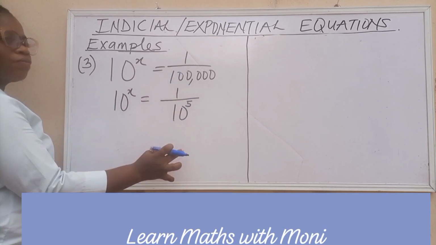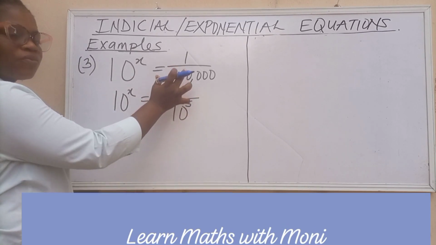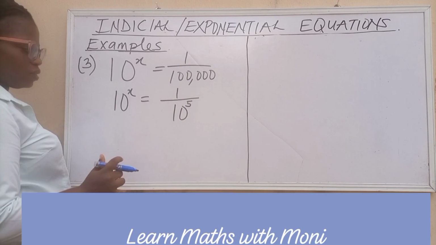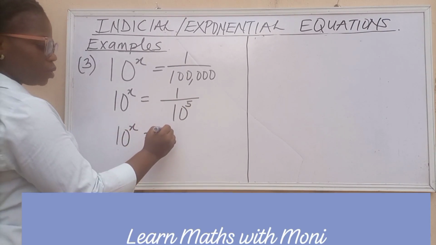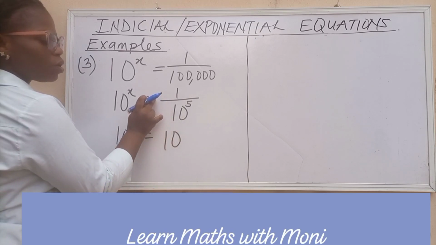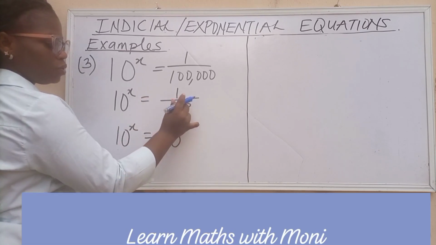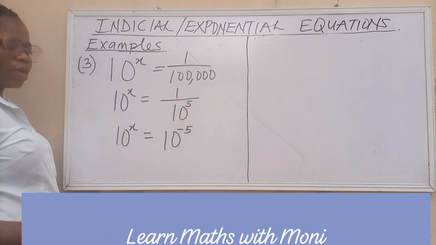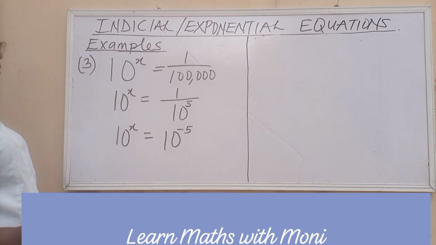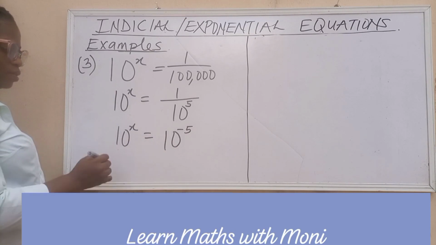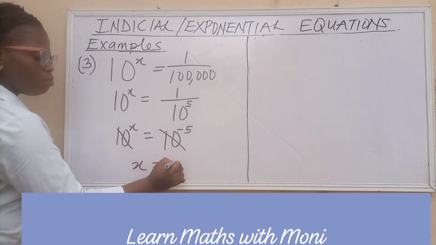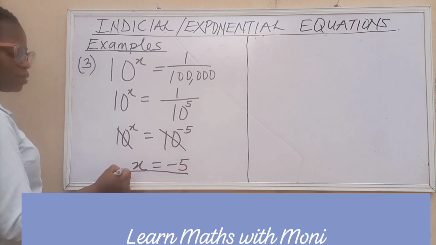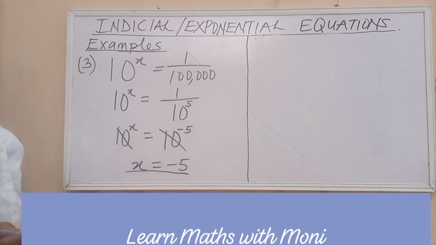Then we make use of the inverse rule, the rule of negative power, such that we have 10 raised to power x is equal to 10 raised to power, because of the inverse, minus 5. Now the bases are equal. We are going to equate the powers, which means x equals minus 5.